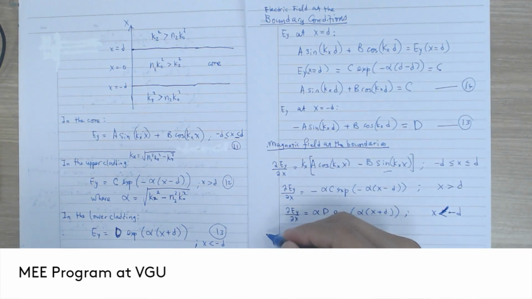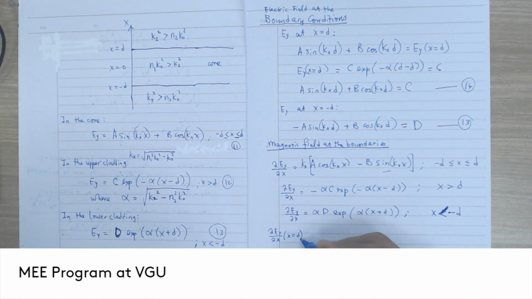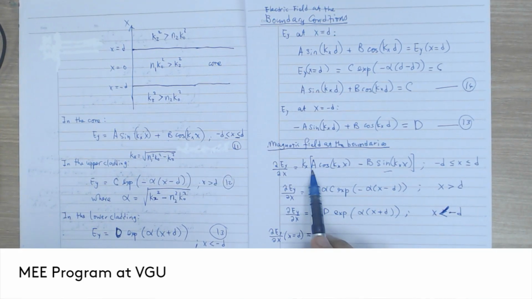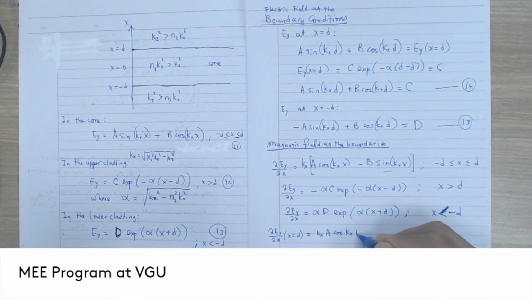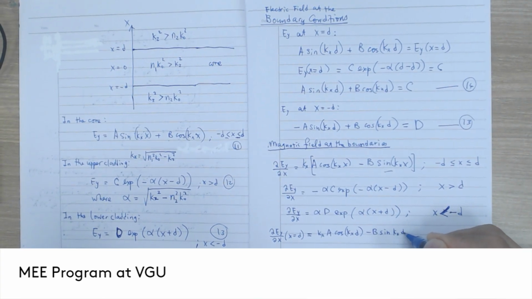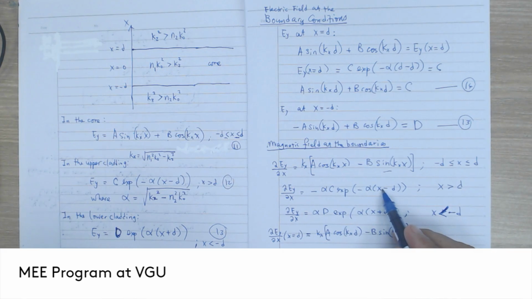So at this point, the magnetic field when x is equal to d, according to here, is a kx cosine kx d minus b kx sine kx d, and then here, if you put x equal to d in this equation, this exponent will be 0.